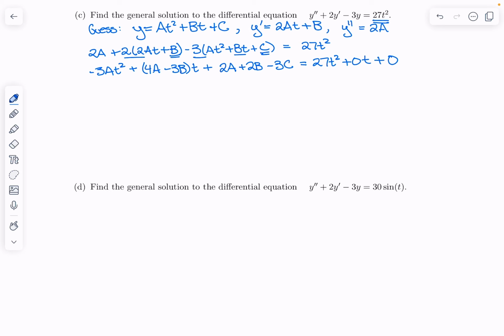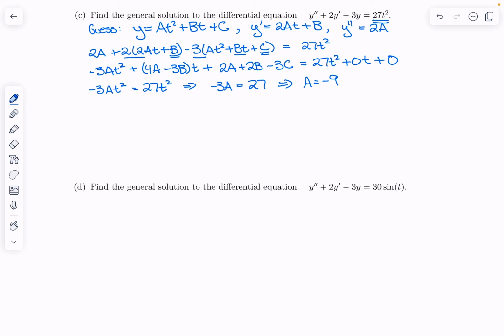Now what I'm going to do is match like terms. So here I'm going to get minus 3at squared equals 27t squared. Well, that's going to tell me that essentially minus 3a has to equal 27, or a in this case must be negative 9.